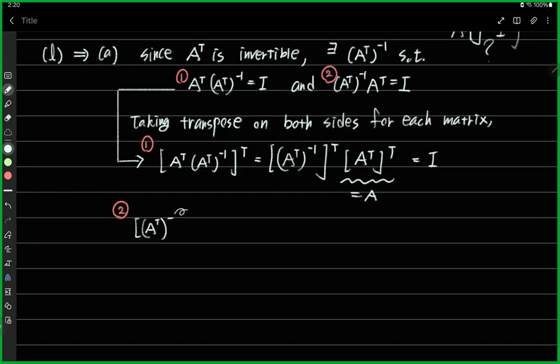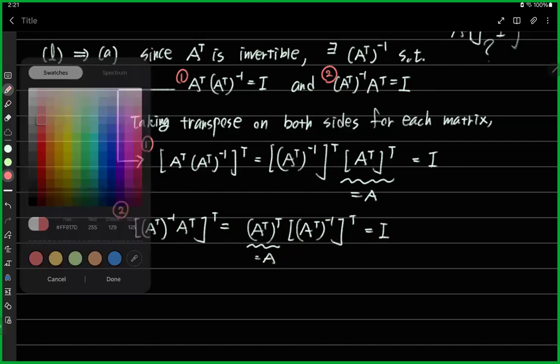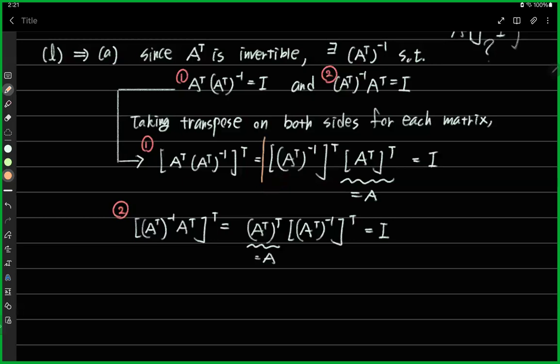A transpose inverse and A transpose, and the transpose is equal to A transpose transpose, and then A transpose inverse transpose. Then this is equal to A, right? And the transpose of the identity matrix is I. So A times something is this. So you see that? This is the same as this, right?